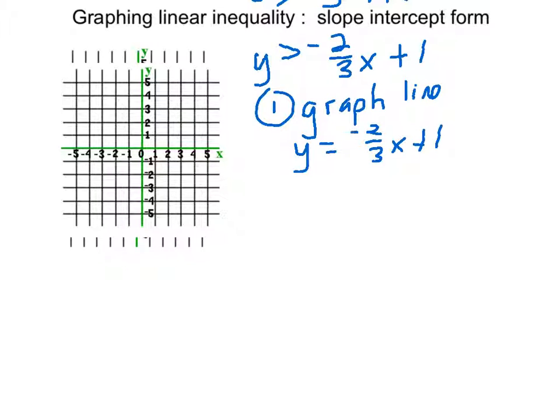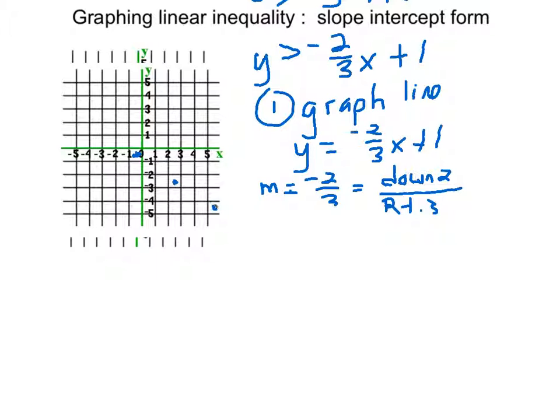We start by plotting our b value, finding that on our y-intercept, marking it down. We'll do a quick slope analysis, -2 over 3. That's going to tell us to go down 2 and to the right 3. So from the dot I just plotted, I'm going to go down 2 and over 1, 2, 3 and put a dot. Go down 2, over 1, 2, 3 and put a dot.